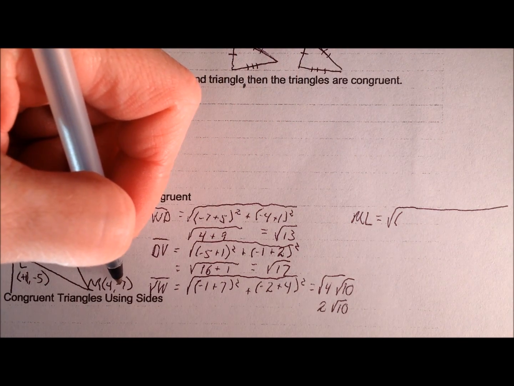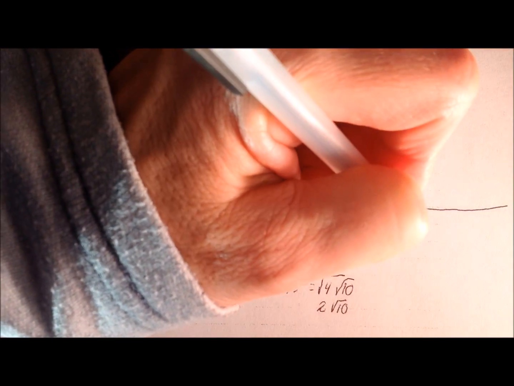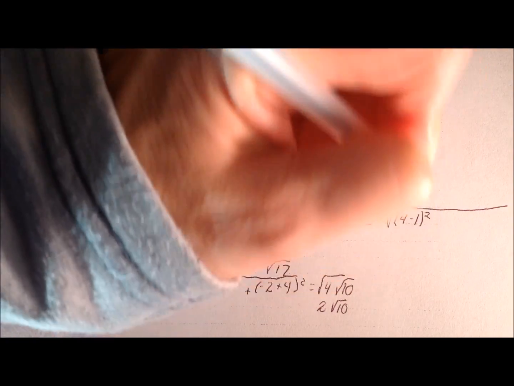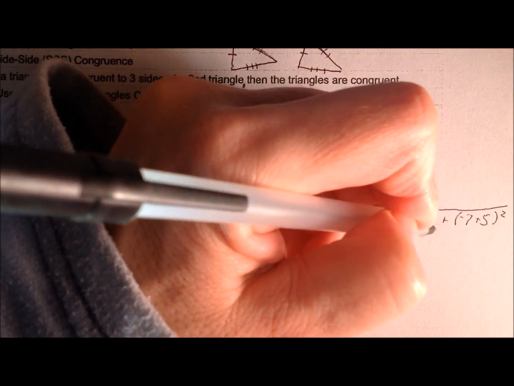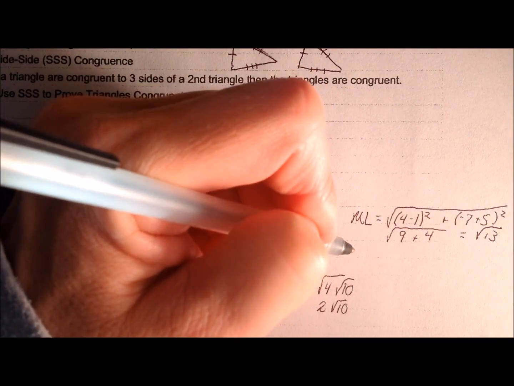So 4, -7 is M, and 1, -5 is L. So we're going to have 4 minus 1, square that, plus -7 plus 5. And working this out would give us 3, and squaring that is 9, plus -7 plus 5 is -2, squaring that is 4. So we have radical 13 for segment ML.